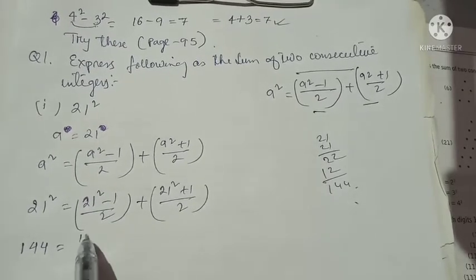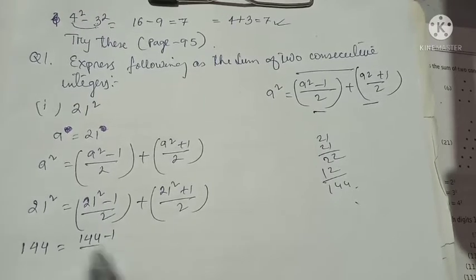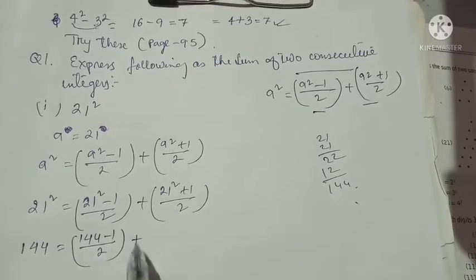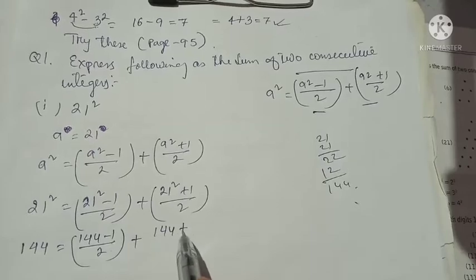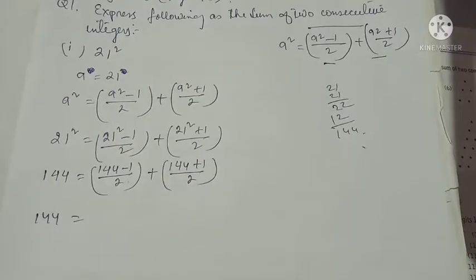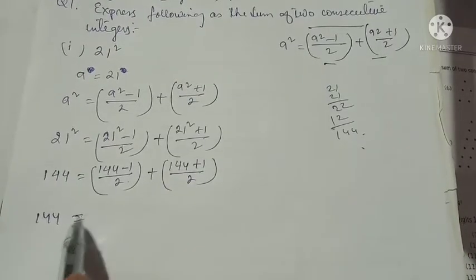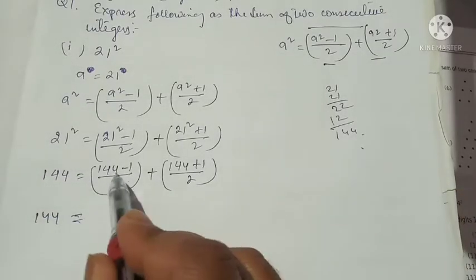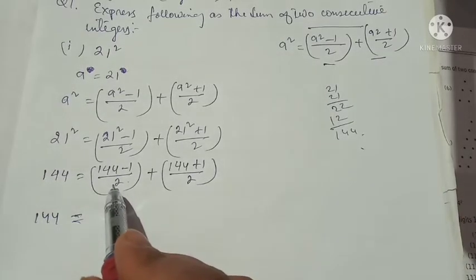Then (441 minus 1) by 2 plus (441 plus 1) by 2. You have to calculate; we are finding the two consecutive numbers.